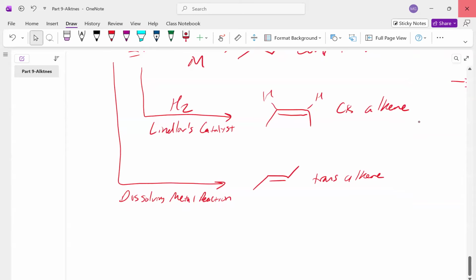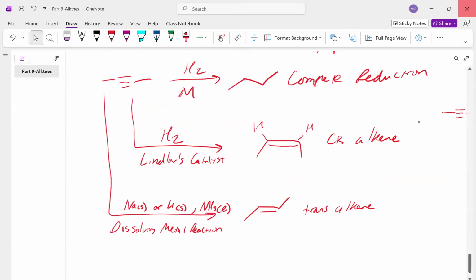It's called a dissolving metal reaction because we literally dissolve a metal in liquid ammonia. Usually we use sodium metal or lithium metal and put it in liquid ammonia. Again, that has to be done at very cold temperatures. But this will allow us to reduce an alkyne to a trans alkene.